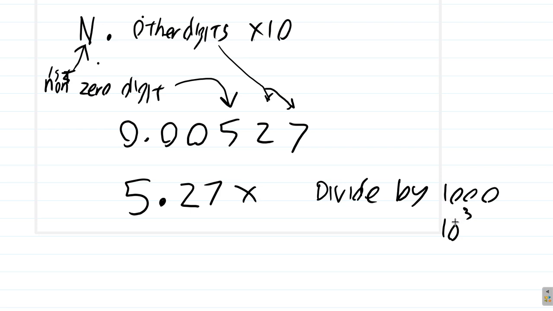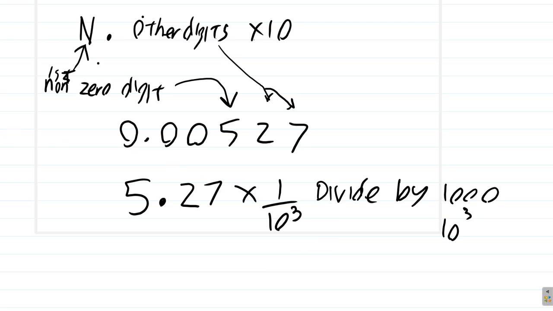Now, if you have divide by 1000, but you write 10 to the 3 here, you will be multiplying by 1000. You mustn't do that. You're dividing. When you divide by 1000, like you're saying 1 over 1000. But 10 to the 3 is 1000. This is 1 over 10 to the 3.